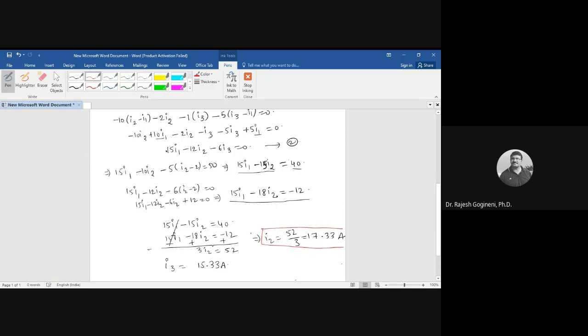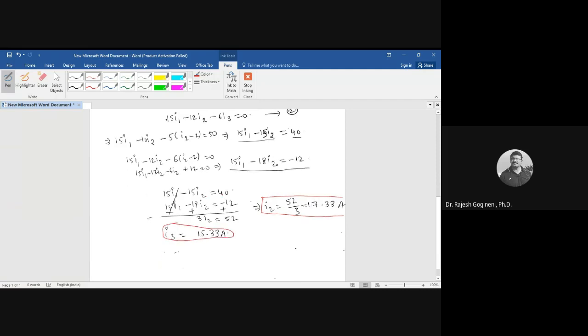I2 is 17.33 amperes, I3 is 15.33 amperes. Solve for I1. So I1 you will get as 19.99 amperes.